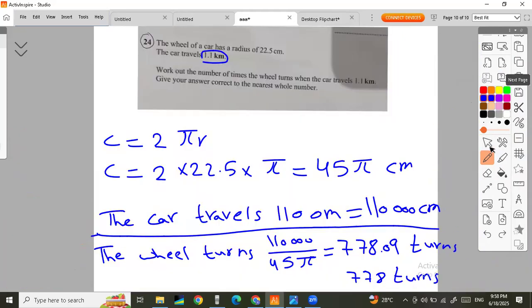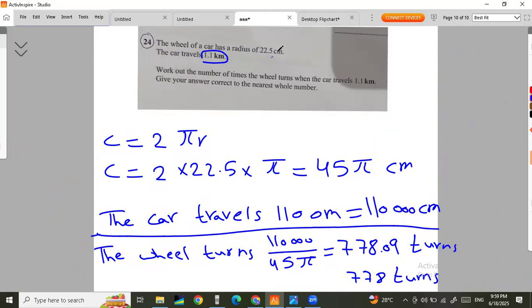The last question that I received from you guys was about the wheel of a car that has a radius of 22.5 centimeters. So let's imagine that this is the wheel of the car, and it has a radius of 22.5. They're saying the car travels 1.1 kilometers.